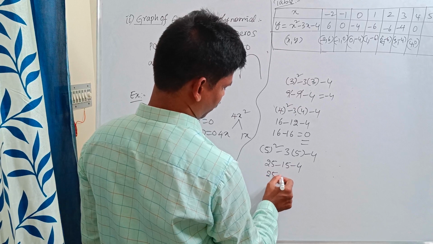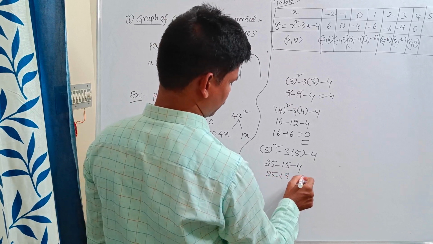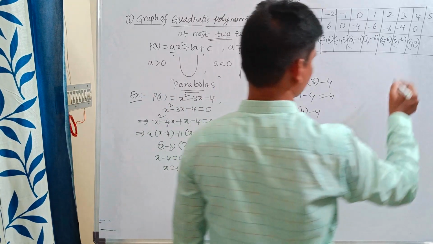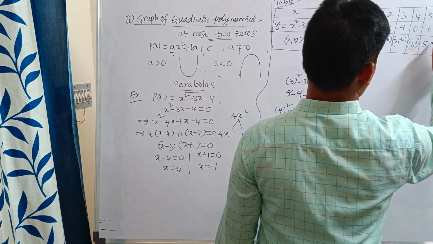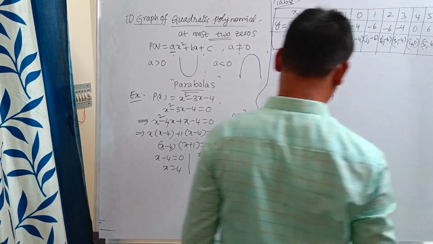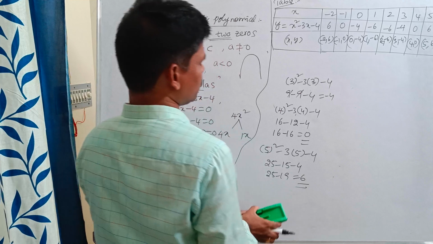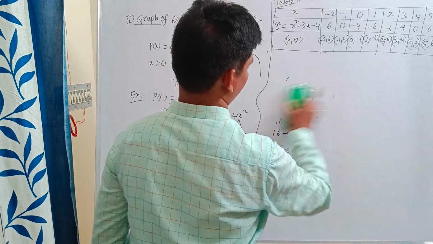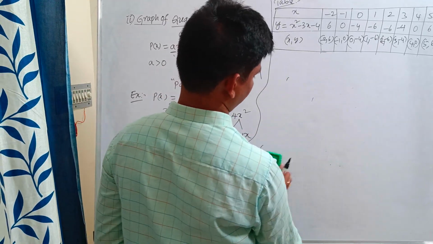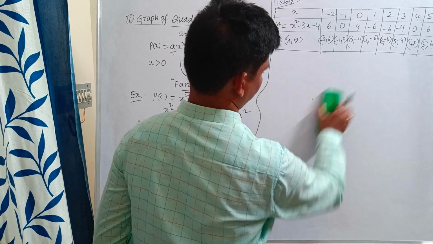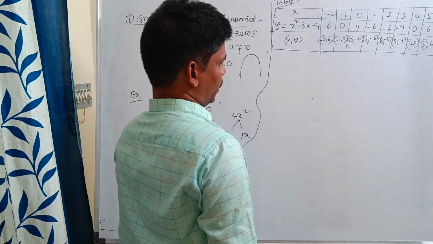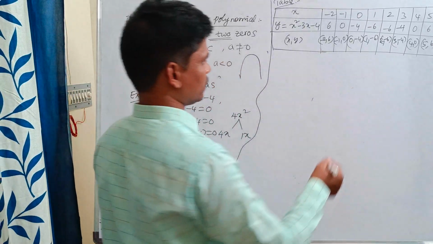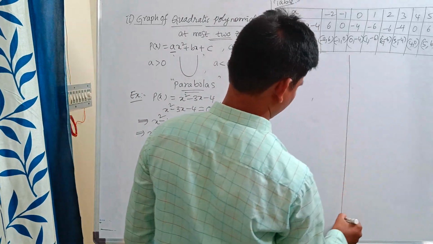So 25 minus 19 is equal to 6. So 5 comma 6 is the point. Next, draw the graph. Take the x-axis and y-axis.